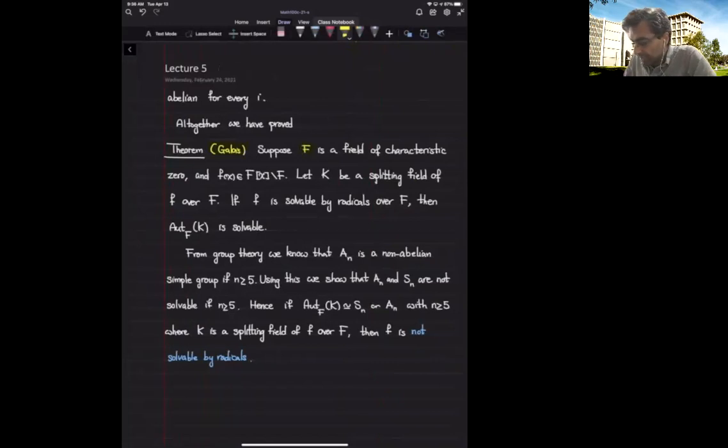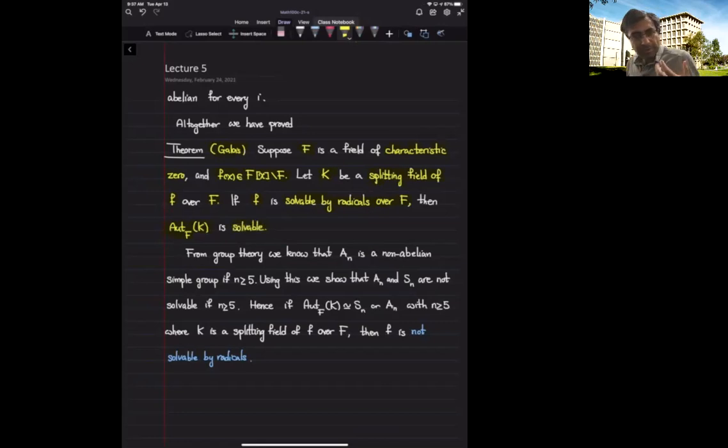And it says that if F is a field of characteristic 0, and I give you a polynomial f in F bracket X, and I look at a splitting field K of this polynomial over capital F, then if f is solvable by radicals over capital F, then the group of F automorphisms of this splitting field is a solvable group.